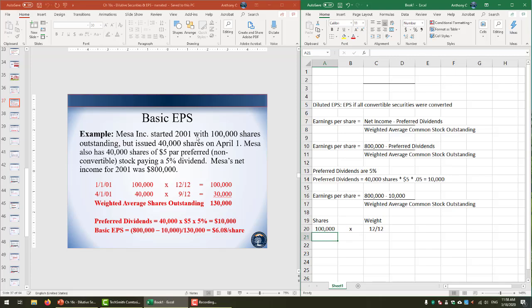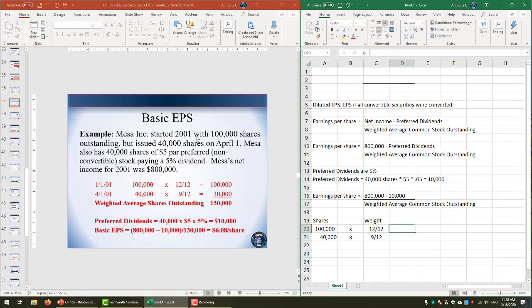The company then issues 40,000 shares on April 1st. So for these 40,000 shares, we just need to count out the number of months they're going to be outstanding until December 31st. If we count it out from April 1st to December 31st, we should hopefully get to 9 out of 12 months.